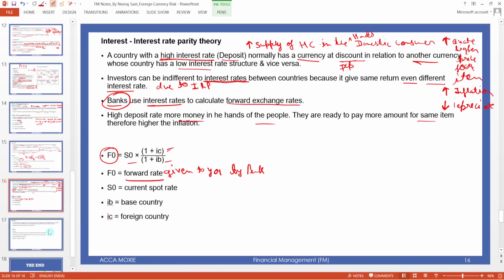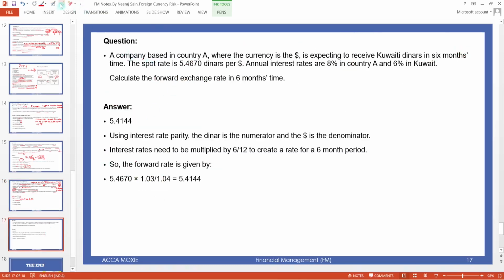Let's do one question. It's very simple, similar to what we did earlier. A company is in country A. Home currency is expected to receive foreign currency in 6 months time.